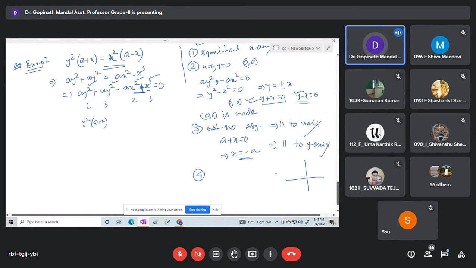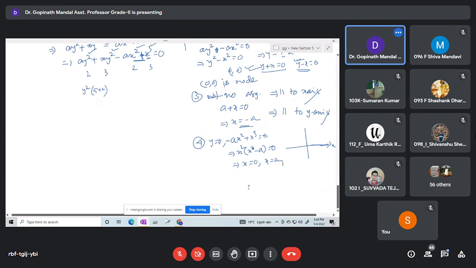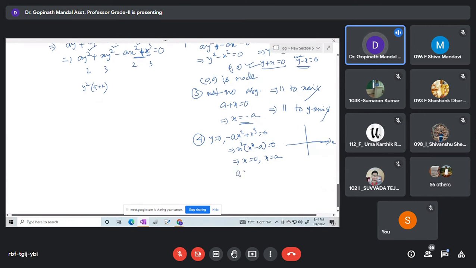Now the intersecting points. First we find the x-axis. Put y equal to 0. Then we get ax square minus x square plus x cube equal to 0. That means x square common, x square (x minus a) equal to 0. That means x equal to 0 and x equal to a. That means the curve cuts the x-axis at the points 0, 0 and a, 0.